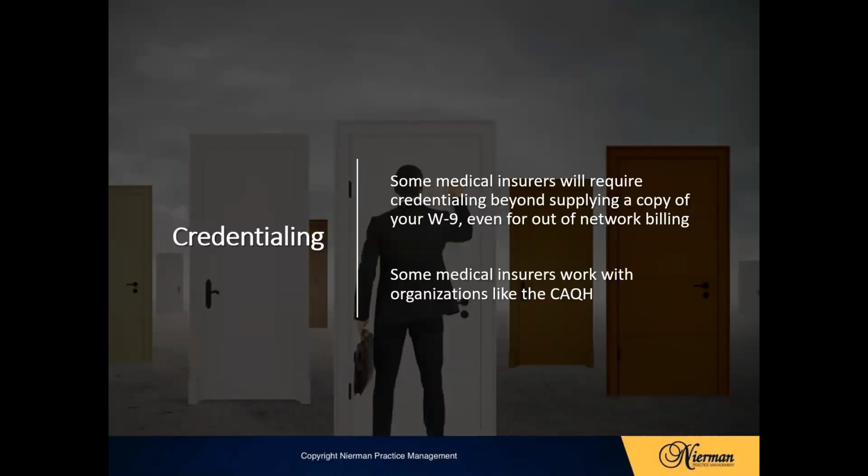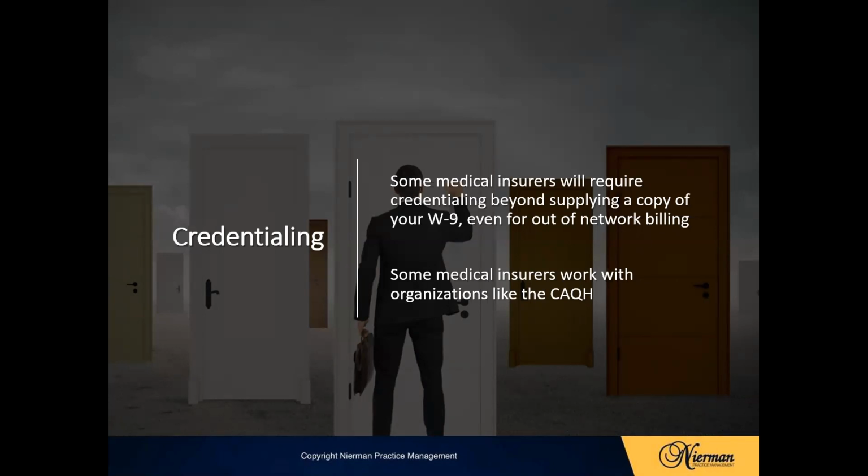Now, Courtney, are you seeing some medical insurance require credentialing too? Yeah. As an out-of-network provider with many medical insurers, they don't necessarily have a specific application process you need to go through to start billing them out of network.